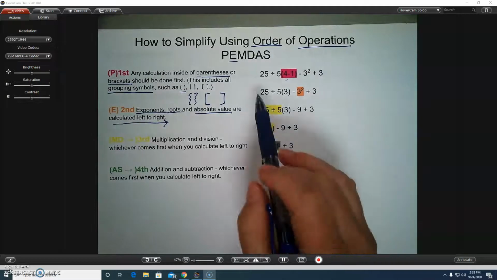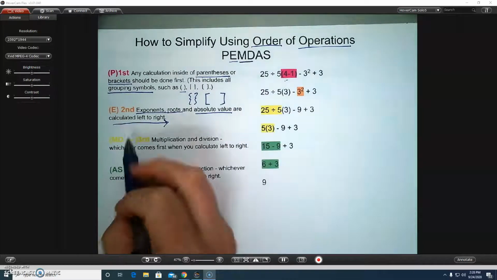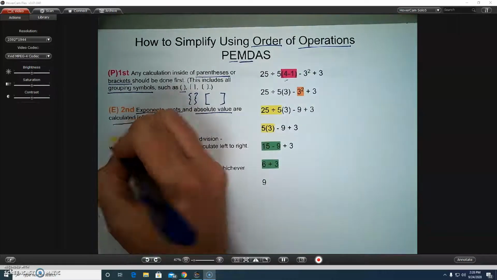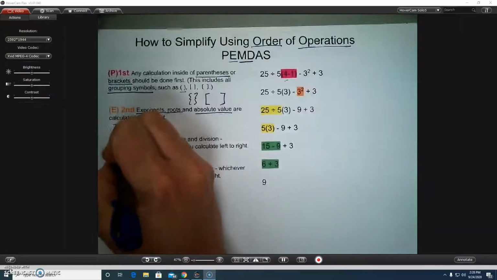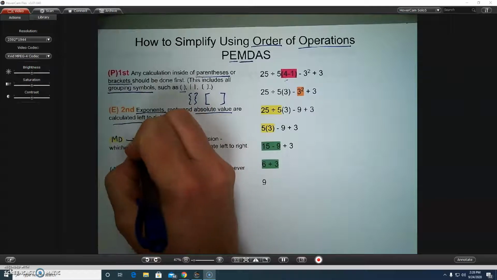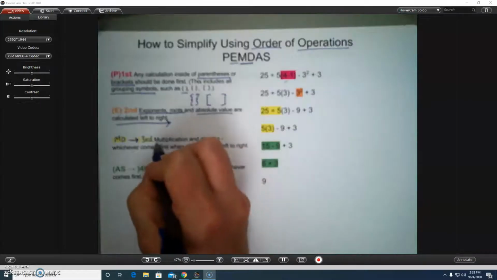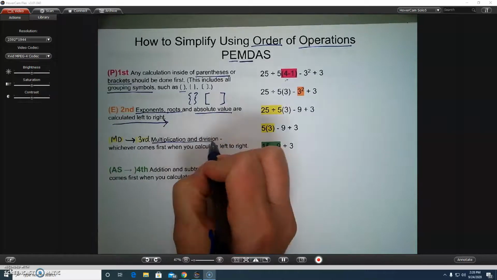The third thing that we see there, we have multiplication and division. And we're going to think of them together. We are also going to do that from the left to the right, and that is our third step there. So the MD stands for multiplication and division.